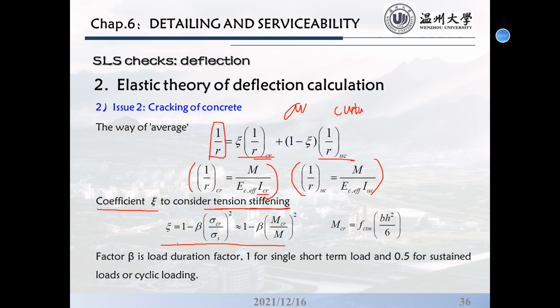This is the expression, single short terms. Yes, this parameter is the key and important to get these values.